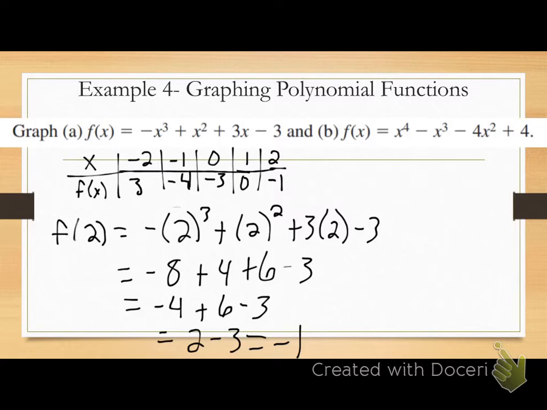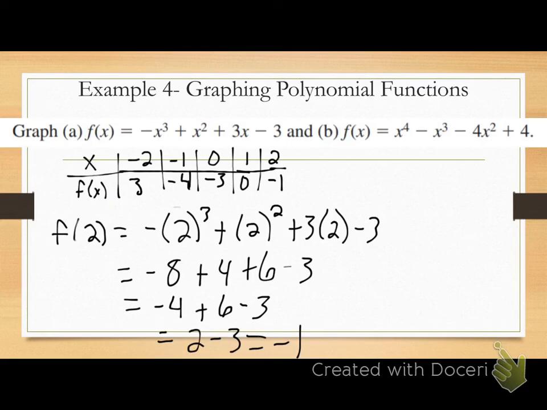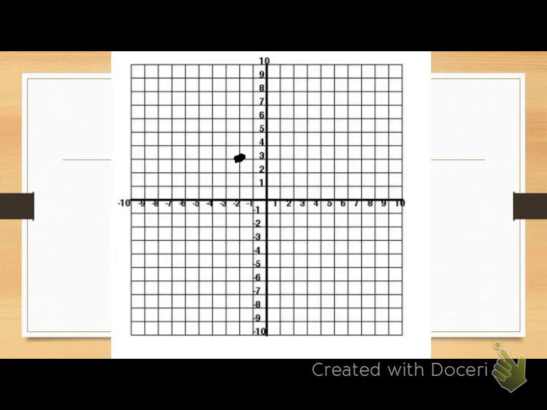My first ordered pair is negative 2, comma 3. That's going to be left 2, up 3. Is everyone okay plotting ordered pairs on an XY coordinate grid? Negative 1, comma negative 4. Left 1, down 4.